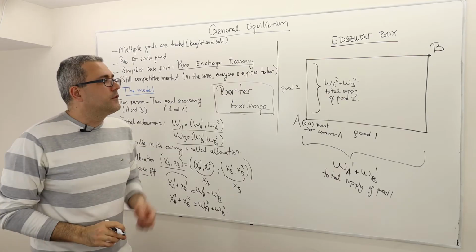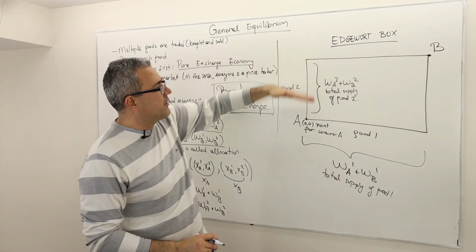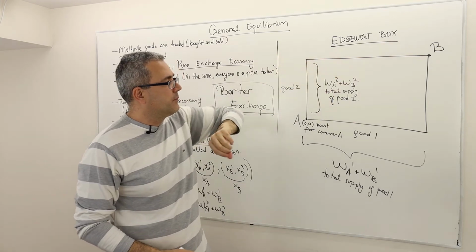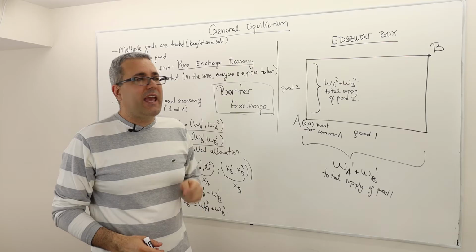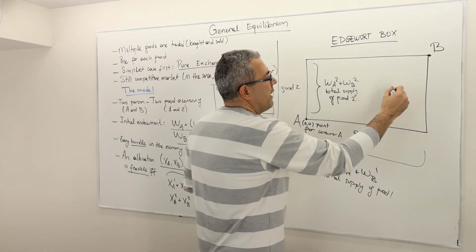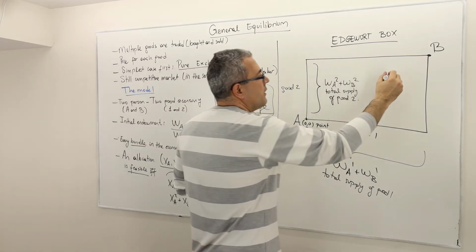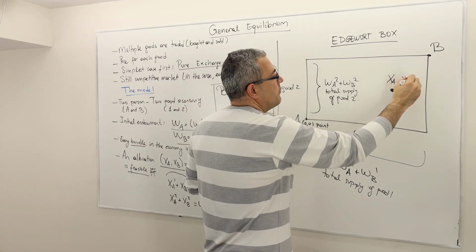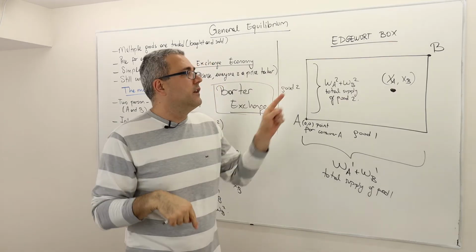Because of this construction, because this side is equal to the total supply of good 2 and this is the total supply of good 1, when I pick a point, any point, it is actually an allocation, XA, XB. How do we read this allocation?